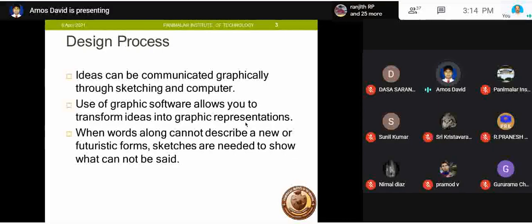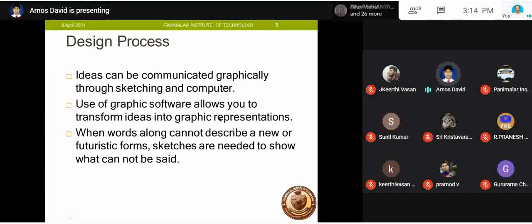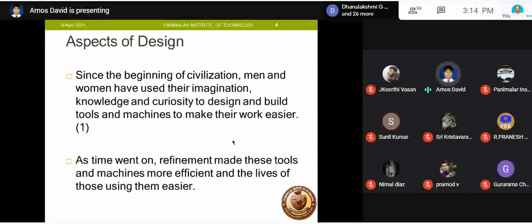So everything used to be drawn on a graphic sheet. There used to be a specialist called a craftsman who used to do all these things and take it forward. But nowadays, software is there for you where you can start drawing in the software and you can imagine how the prototype should be. That is what the design process is.